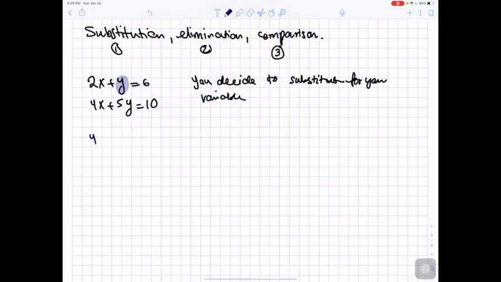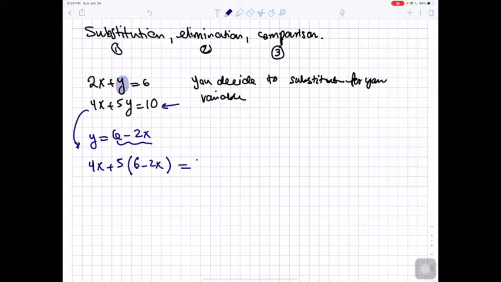I'll say y is equal to 6 minus 2x. Why? Because I took the 2x on the other side, so 6 minus 2x is equal to y. So now in the second one, everywhere I see y, I'm allowed to replace it with 6 minus 2x because that's what y is equal to. So I'll write my second equation, 4x plus 5, now instead of y, I'll write 6 minus 2x is equal to 10.